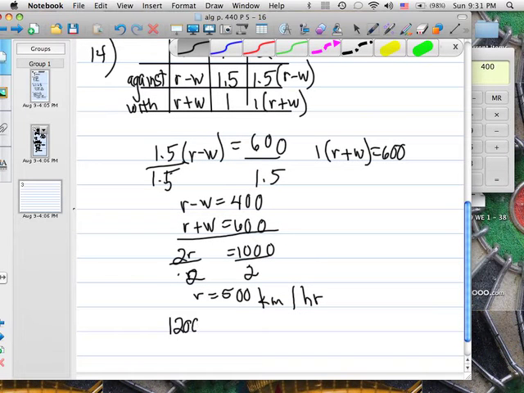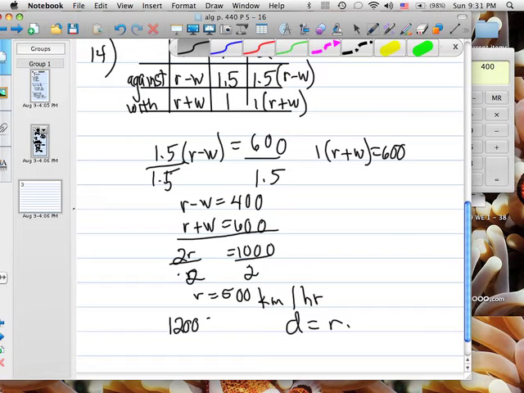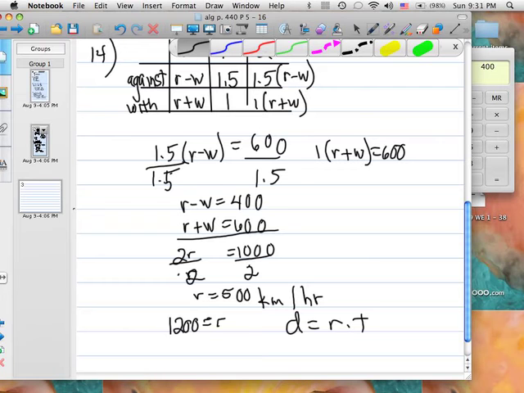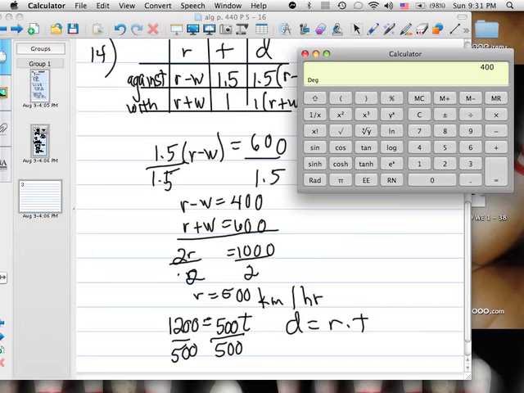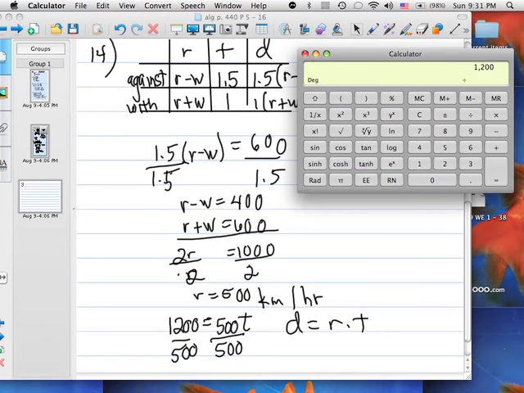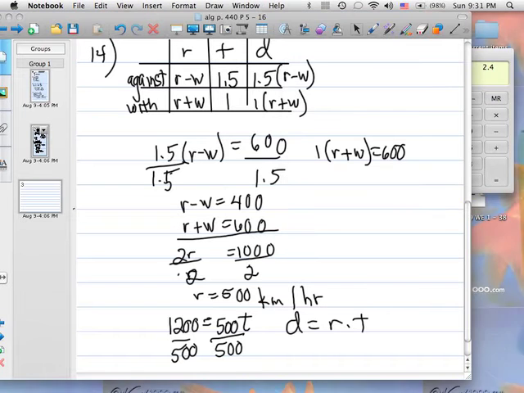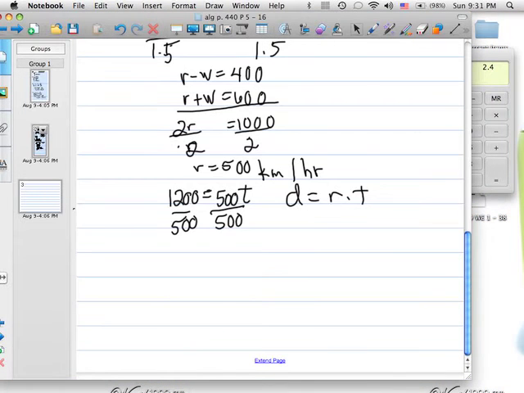So if we take the total distance, 1,200, distance equals rate times time, and divide it by 500, it would take 2.4.